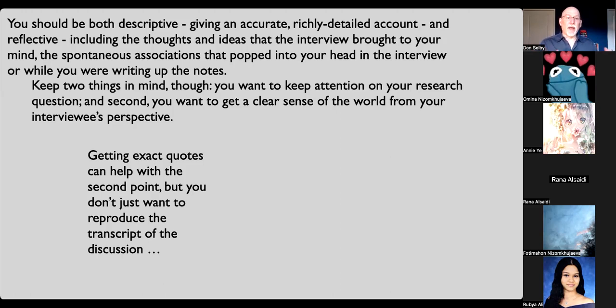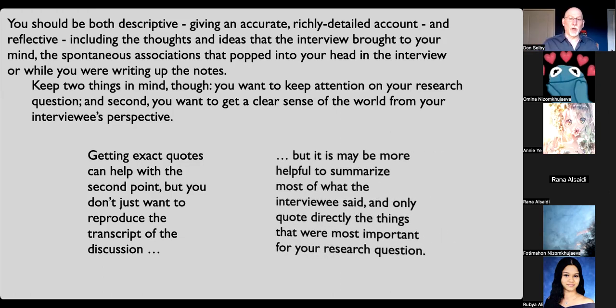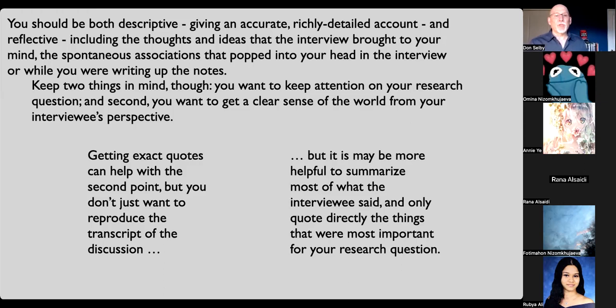So getting exact quotes can help you with this second point, getting the picture of the world that your interviewee has. Get exact quotes where it's helpful. So, okay, what does that mean to say where it's helpful? Well, where it's helpful is going to be defined in large part by your agenda, right? So helpful is defined in terms of your project.